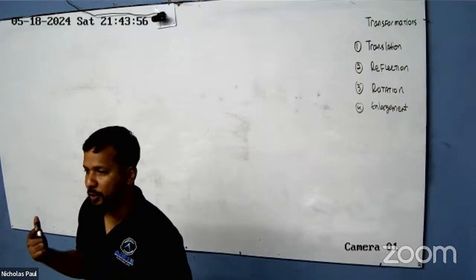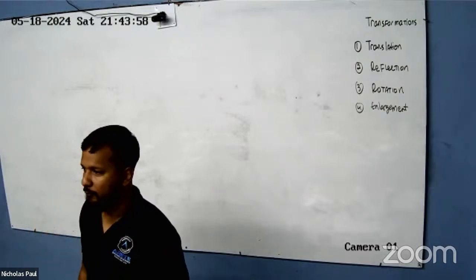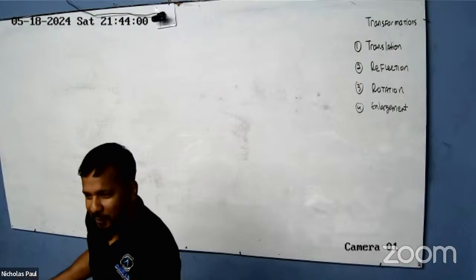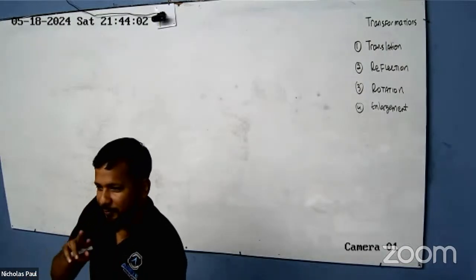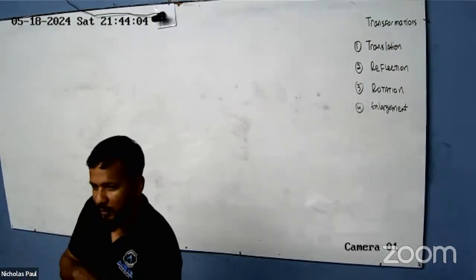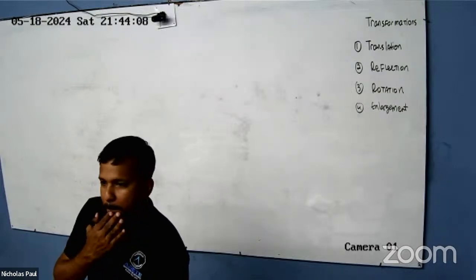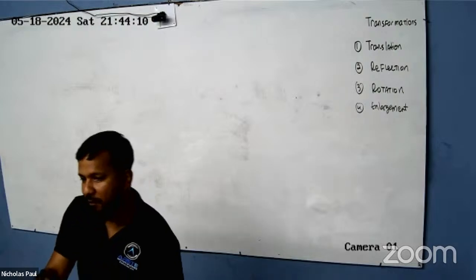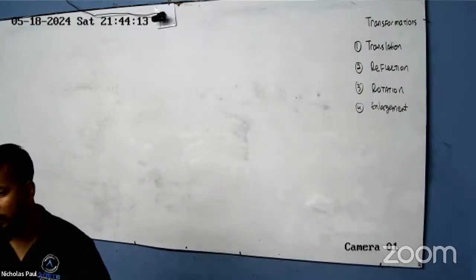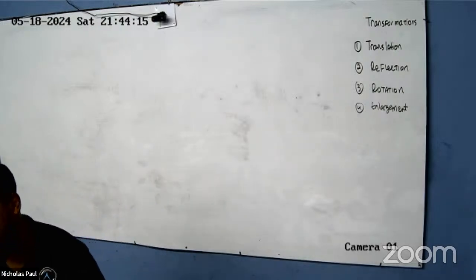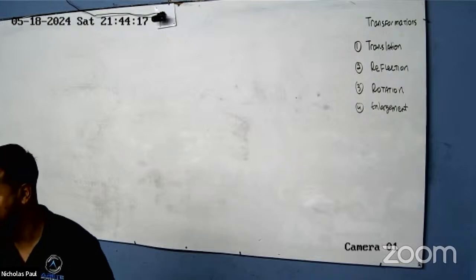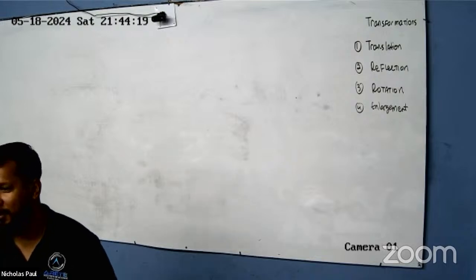Who did a protractor? Oh, didn't bring nothing, right? So share somehow. Oh, they have one there? Protractor? You have a circle.